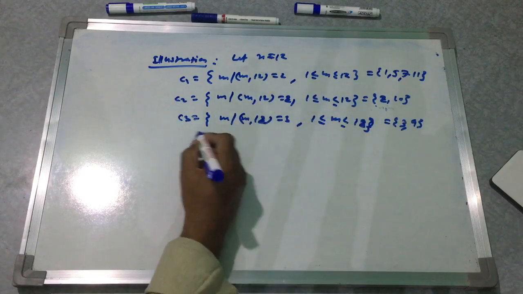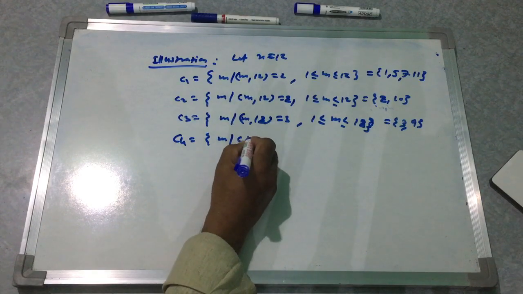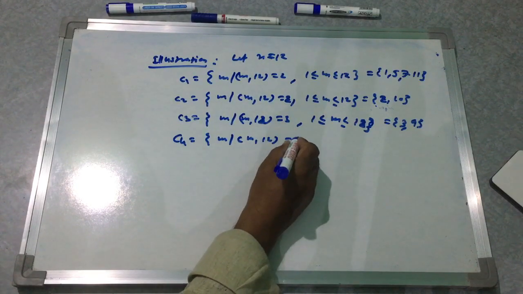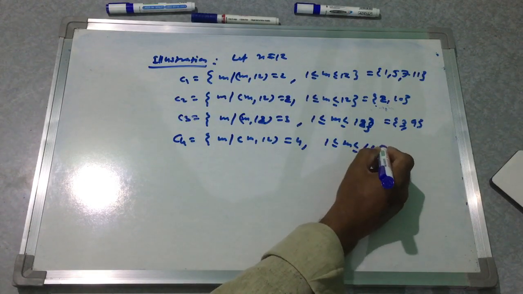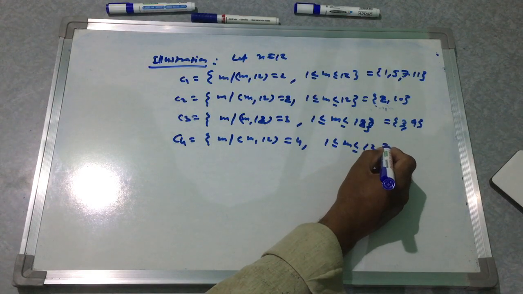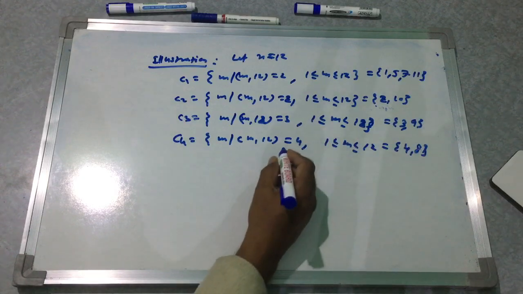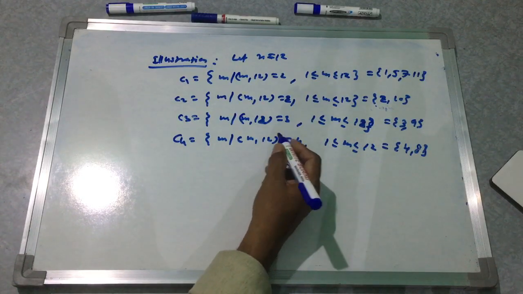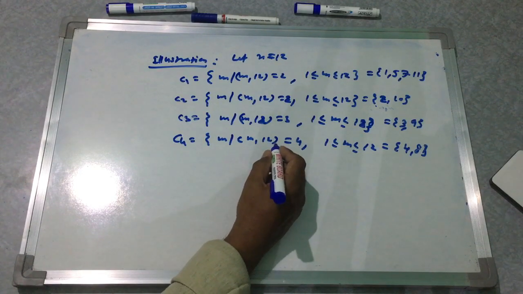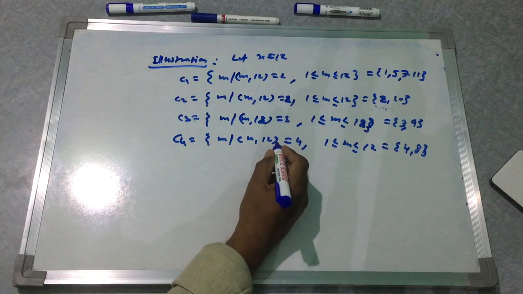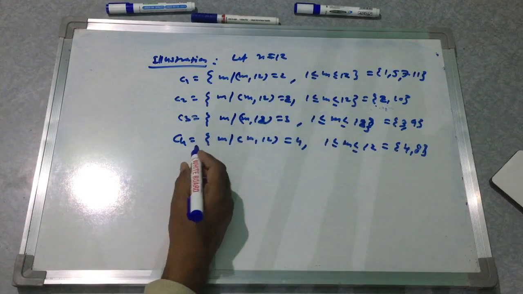And C4, where gcd(m, 12) is 4, we have 4 and 8.